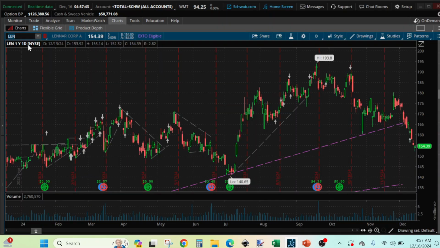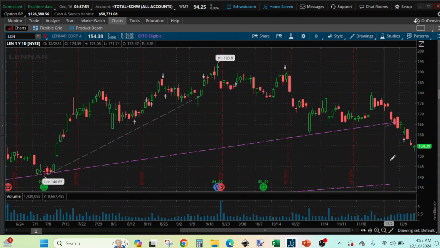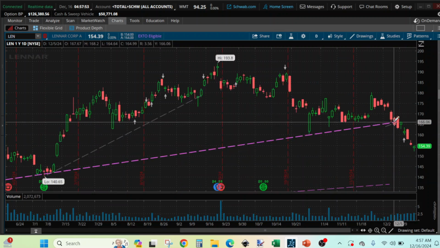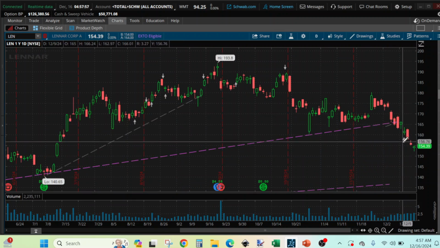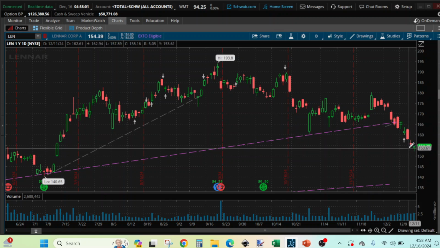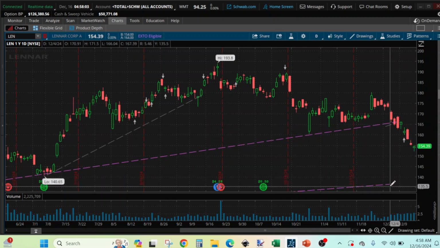LEN. So LEN, we bought it. We are aiming for this trend line, and we placed the order somewhere here, but it continues. So it tells me that this is going to come to this line here, which is fine.